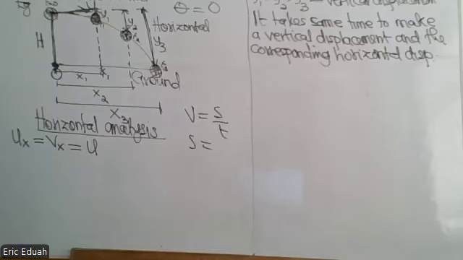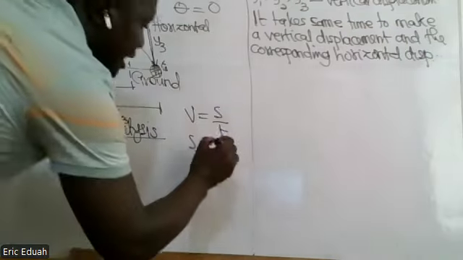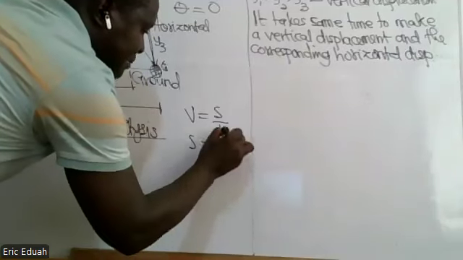Okay, Alexander is ready. Alexander, take over. S is equal to V times T. So S will be equal to V times T.